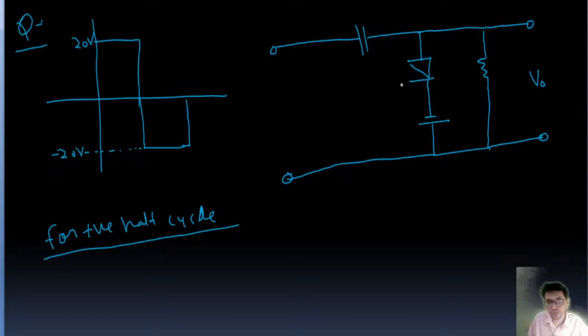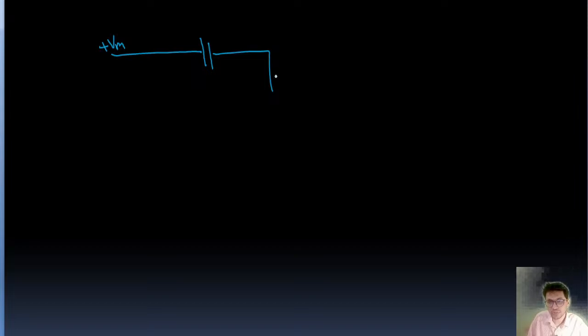This is plus Vm, we have given positive half cycle. So for the positive half cycle, you can see this is the P part and this is positive, right? So this diode is forward biased. Forward bias means this will work as a short circuited wire.